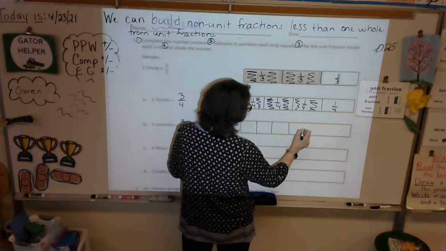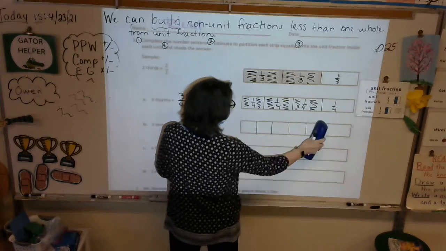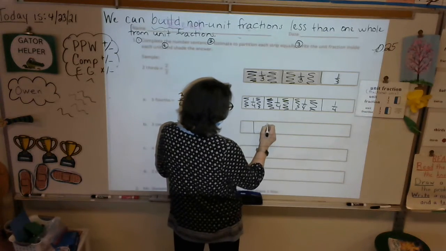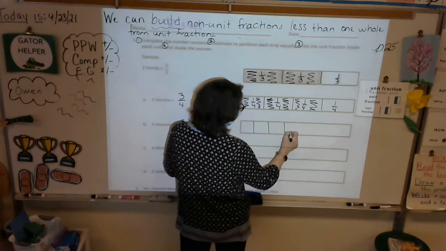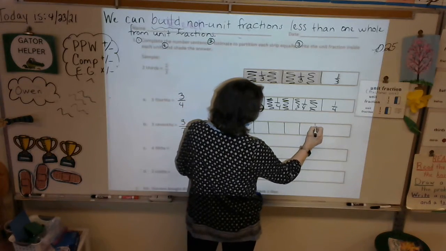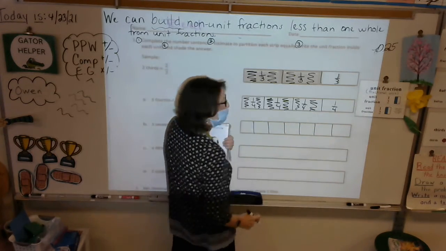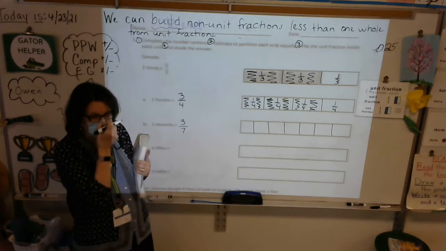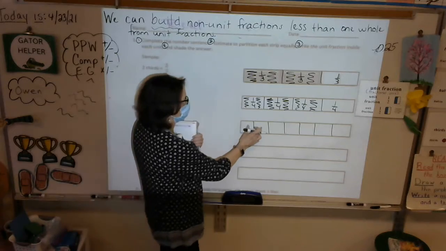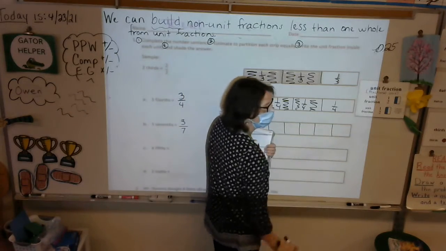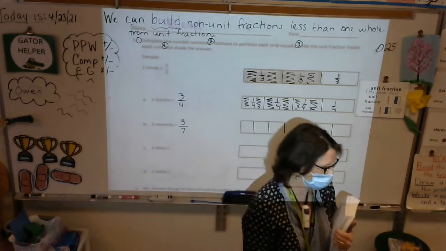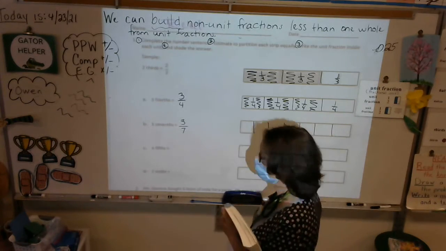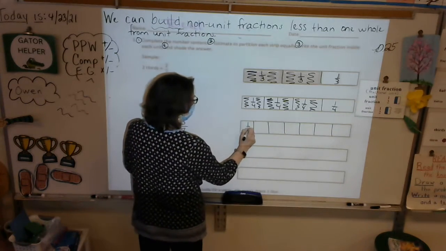You're right. Now I got too many. So sometimes it takes a while to really get it right. After you've drawn your lines, let's go ahead and count, make sure we do indeed have 7. So 1, 2, 3, 4, 5, 6, 7. Go ahead and label each part with your unit fraction. Each one will be 1/7.